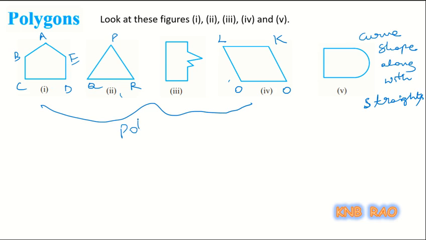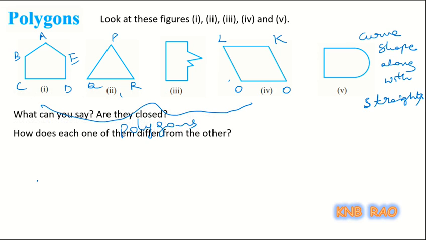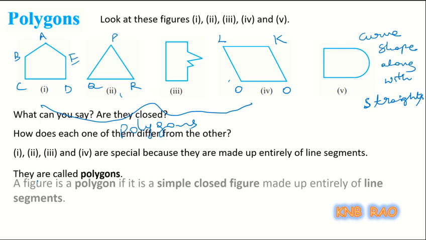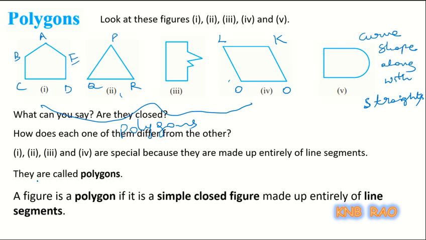Are they closed? How does each one of them differ from the other? 1, 2, 3, 4 are special because they are made up entirely of line segments. They are called polygons.